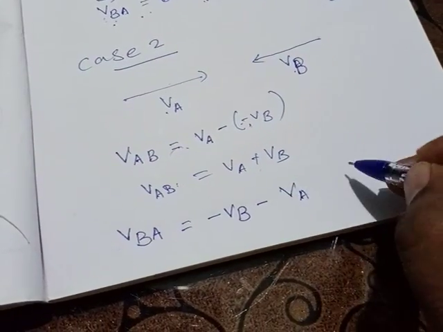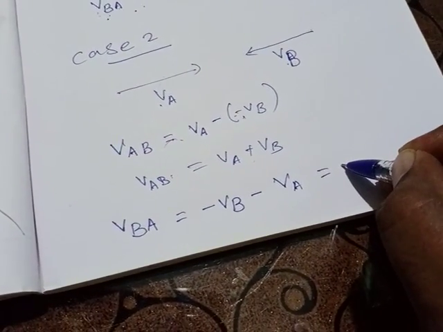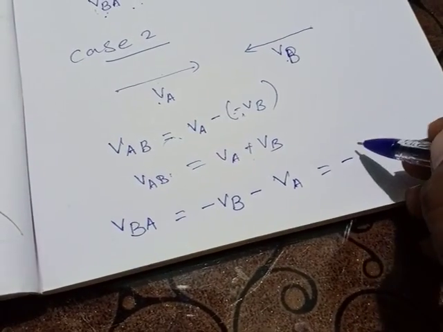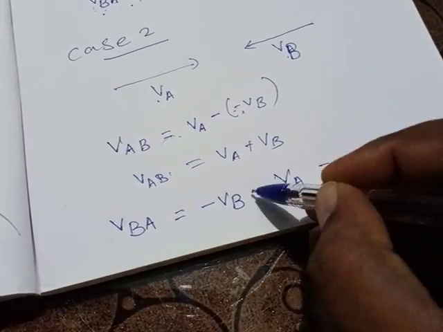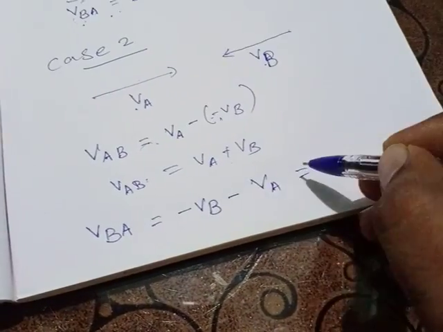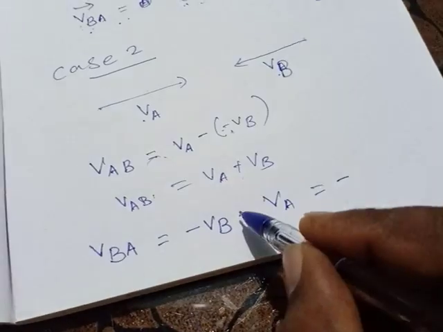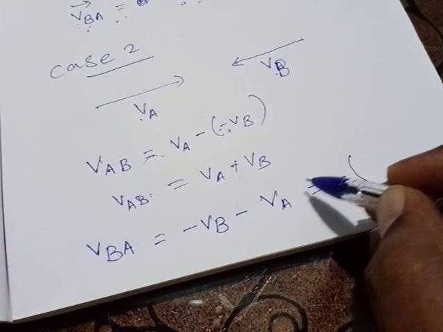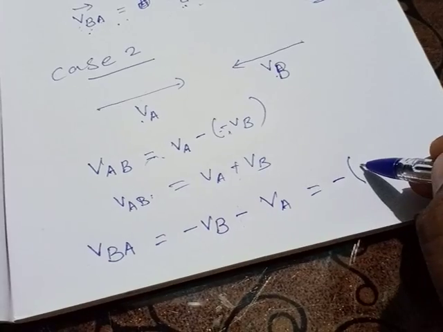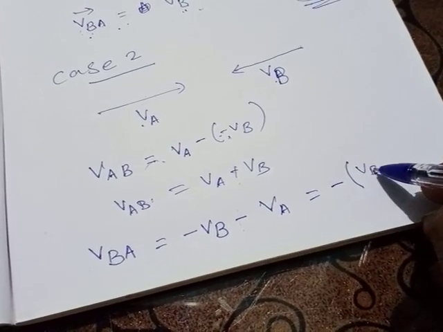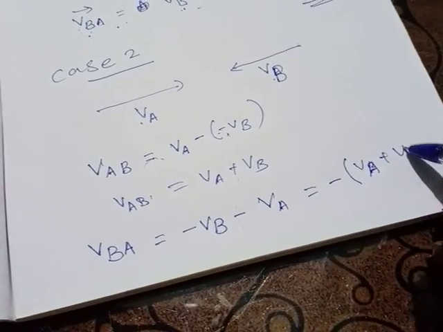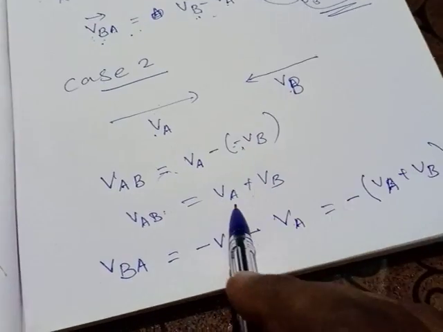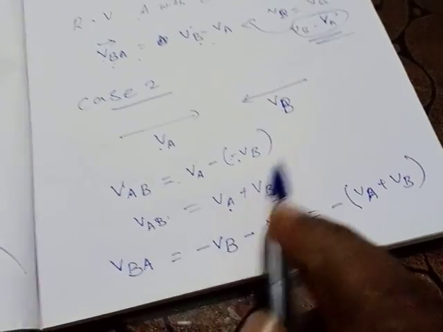So this minus you take outside commonly. Taking the minus outside, here plus will come. So minus, VB plus VA, you can write VA plus VB. I am taking this in the same manner.